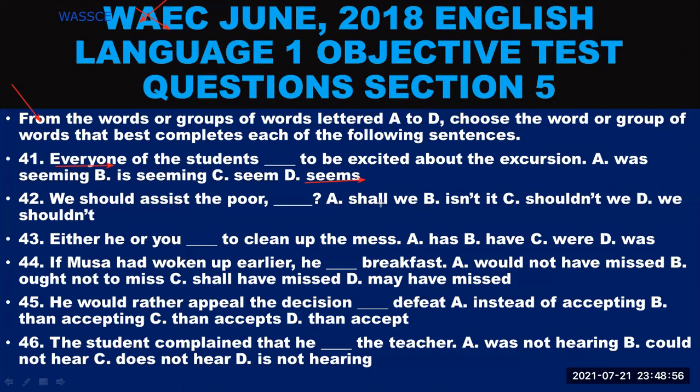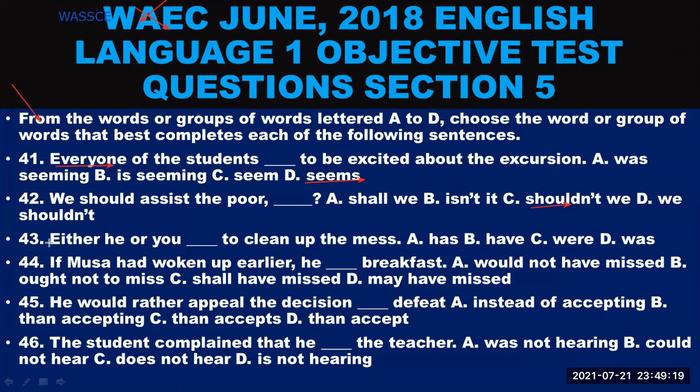Shall we? No, this is not correct. Isn't it? Not correct. C, shouldn't we? That is correct. We should assist the poor. Shouldn't we? All right. Then D, we shouldn't, is not correct. So the right option is C.